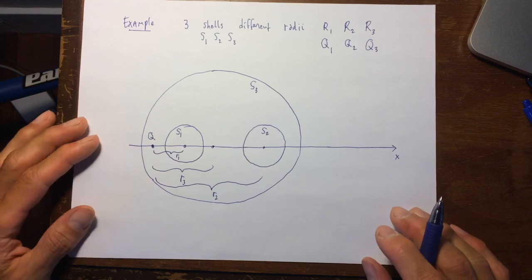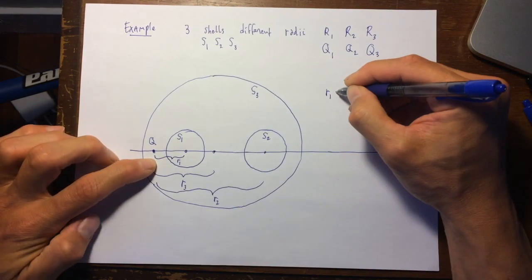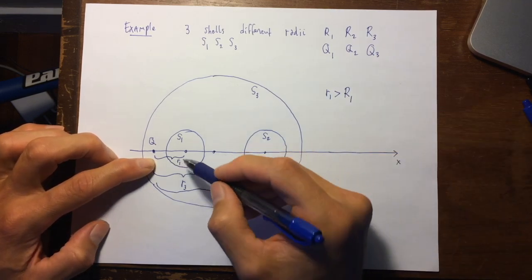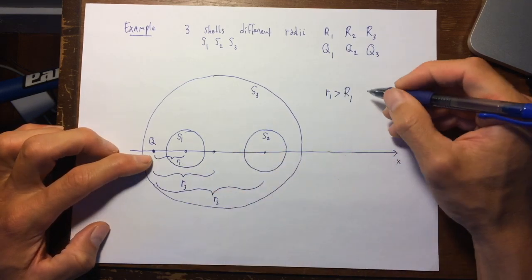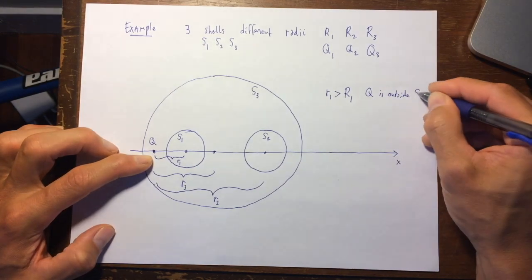All right, so it definitely looks like R1 is bigger than the radius of shell 1, right? That just indicates that Q is outside S1.